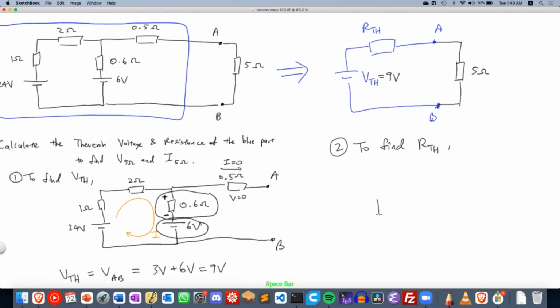So we're going to redraw the circuit. There's going to be 1 ohm, 2 ohm here, 0.6 ohm. Now the voltage sources have disappeared, and we replace them with a short circuit. And lastly, we have 0.5 ohms like this, and A and B like that.